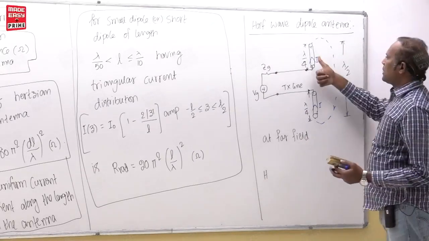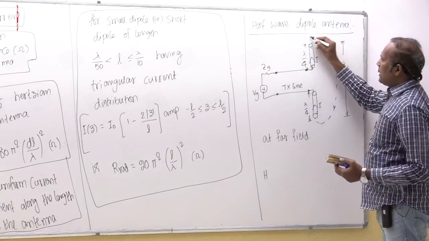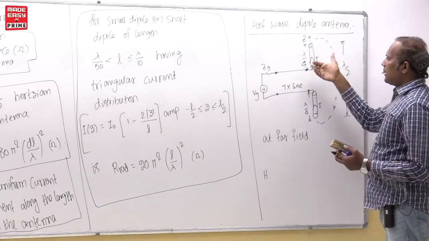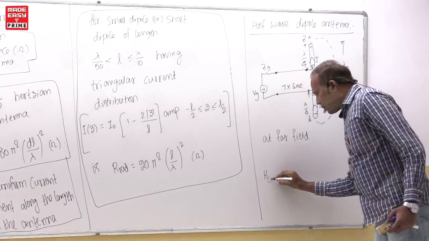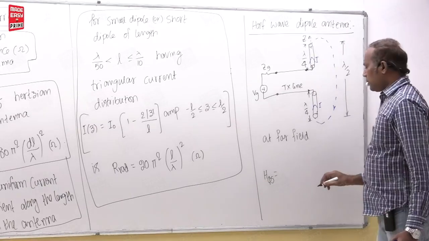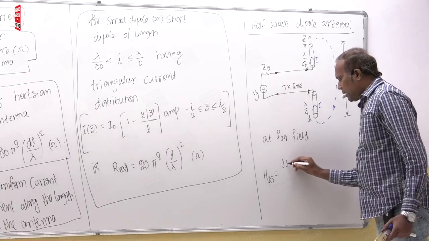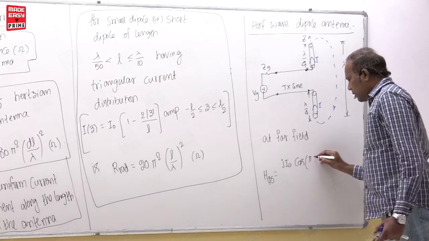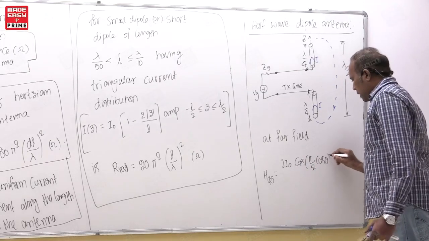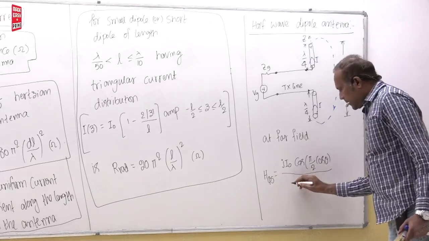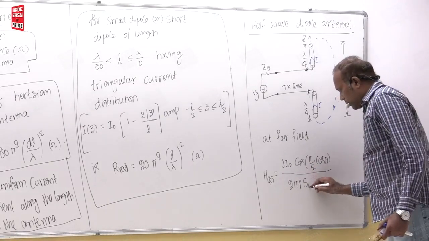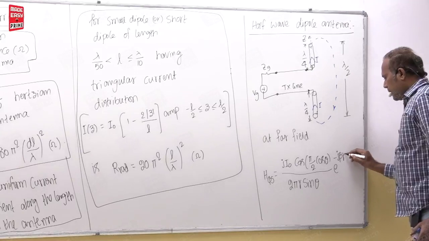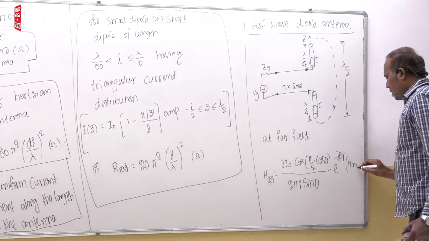Then once again this is the z axis, and if current is in the z direction, then the magnetic field is in the phi direction. So H phi s is equal to j I naught cos of (pi by 2 cos theta) divided by 2 pi r sin theta, e power minus j beta r, ampere per meter.